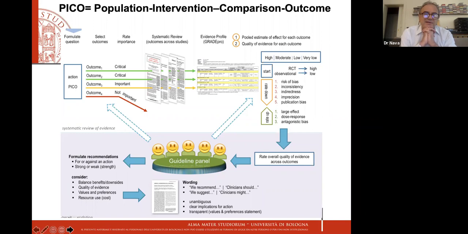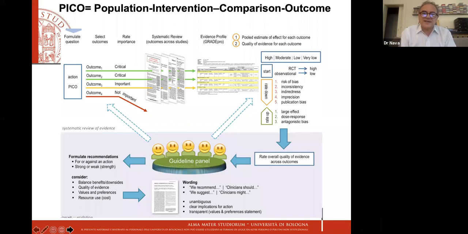And we rank each of these questions, each of these different items, as critical, important, or not important. Then we did a systematic review, and the methodologist did it for us, but we were not very good at that: an evidence profile.